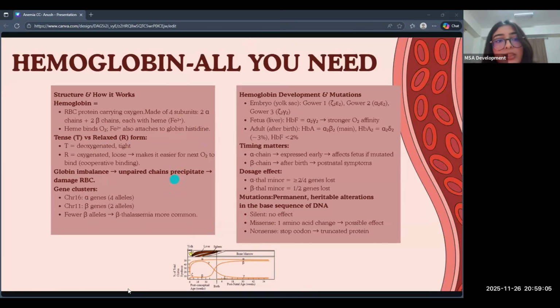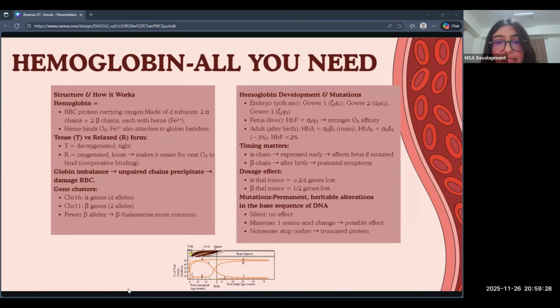Now, globin imbalance causes unpaired chains to precipitate, and that can damage RBCs. Now, what I want you to remember here is that chromosome 16 has alpha globin genes, okay? Each person has 2 genes on each chromosome. So that means 4 alleles in total, okay?